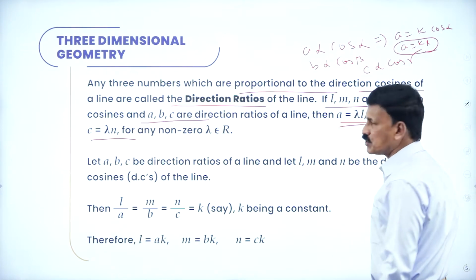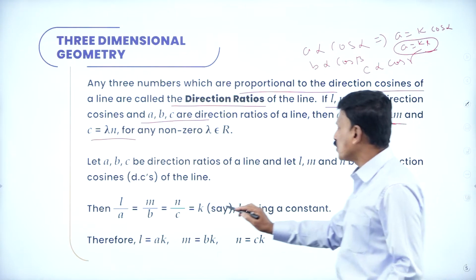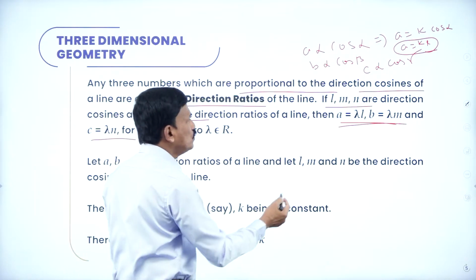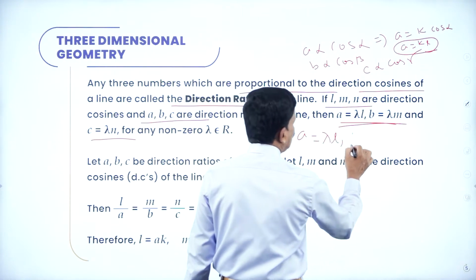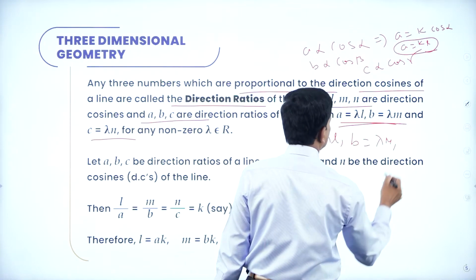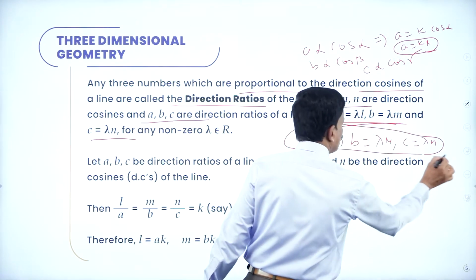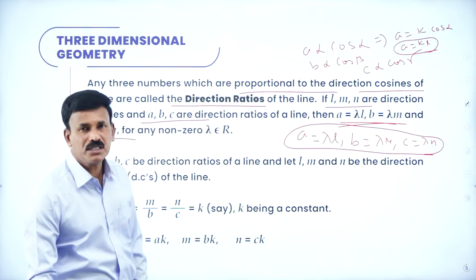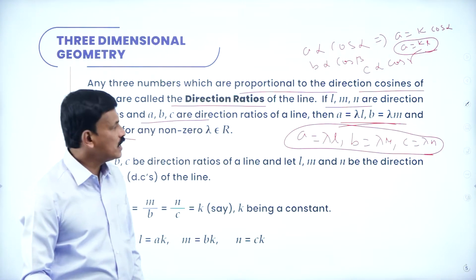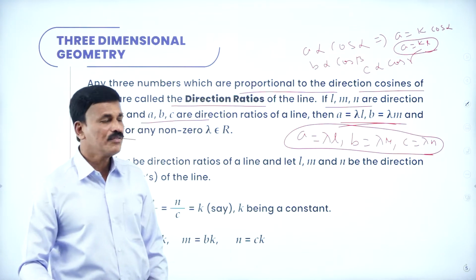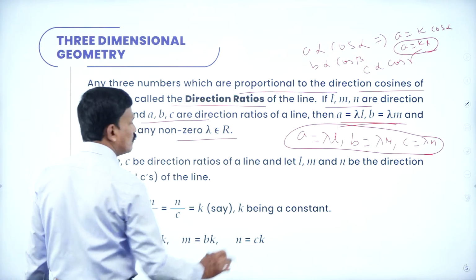Cos alpha is equal to l, cos beta is equal to m, cos gamma is equal to n. Therefore we get a is equal to k into l, or a is equal to lambda into l. Similarly, b is equal to lambda into m, and c is equal to lambda into n, where lambda and k are constant, non-zero real numbers.